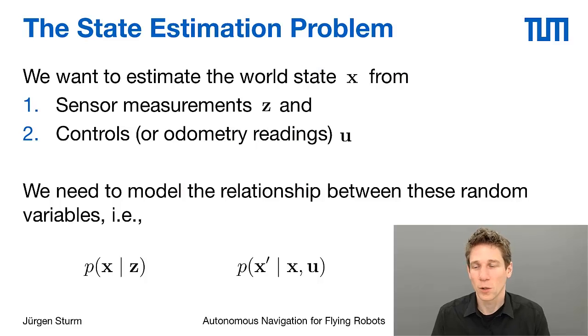In this video we will introduce Bayes' law and then explain how we can use it to infer the world state from the available data. And in terms of data, we actually have two sources that we would like to use to infer the world state. Namely, first we have sensor measurements that we denote with Z, and those sensor measurements can, for example, be GPS observations of our position in the 3D world.